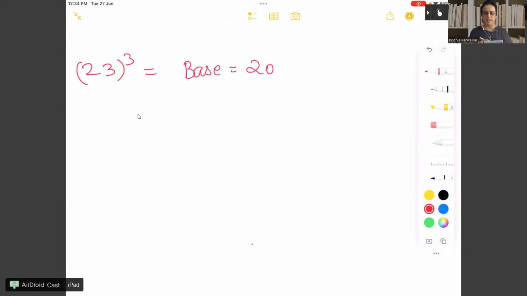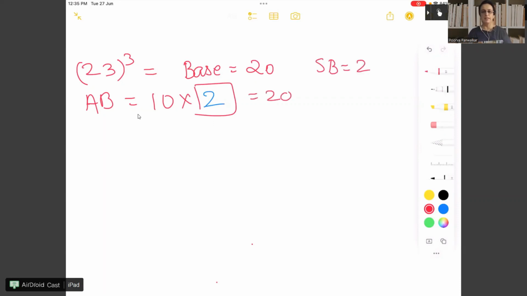Now I realize that the actual base is 10, and this 20 is a multiple of 10. So 2 in this case becomes my sub base. So I will write it down here on the side. Sub base is 2.